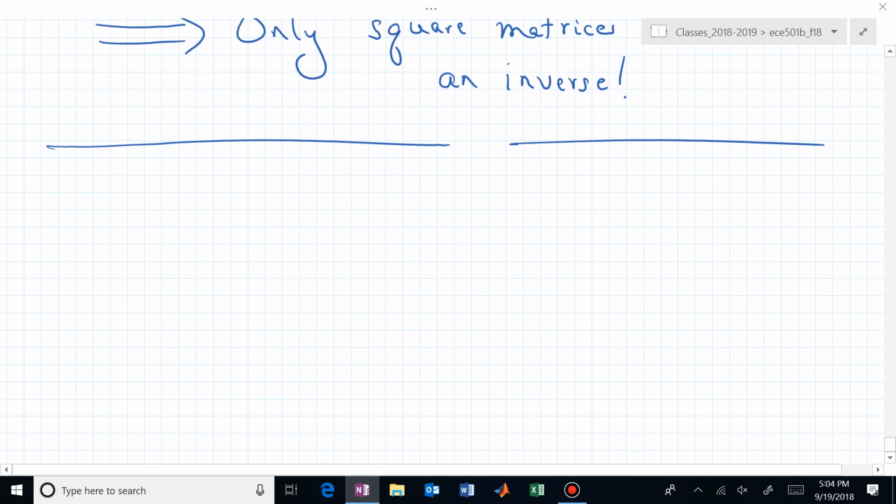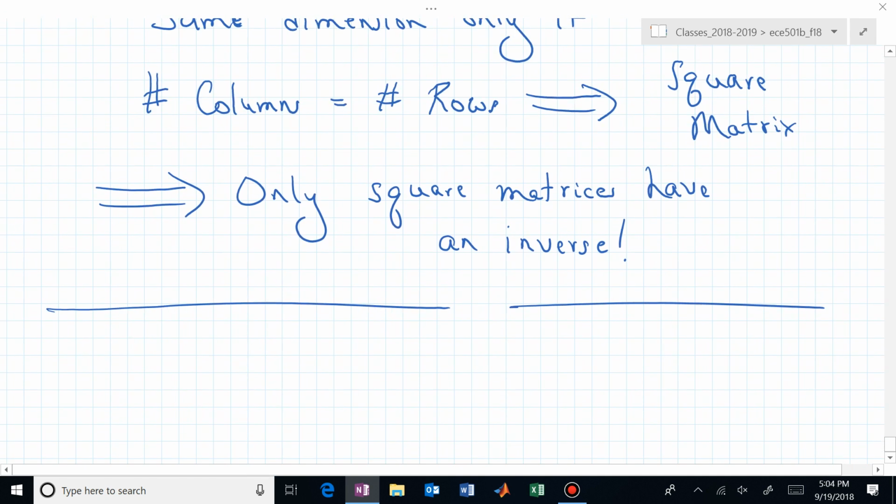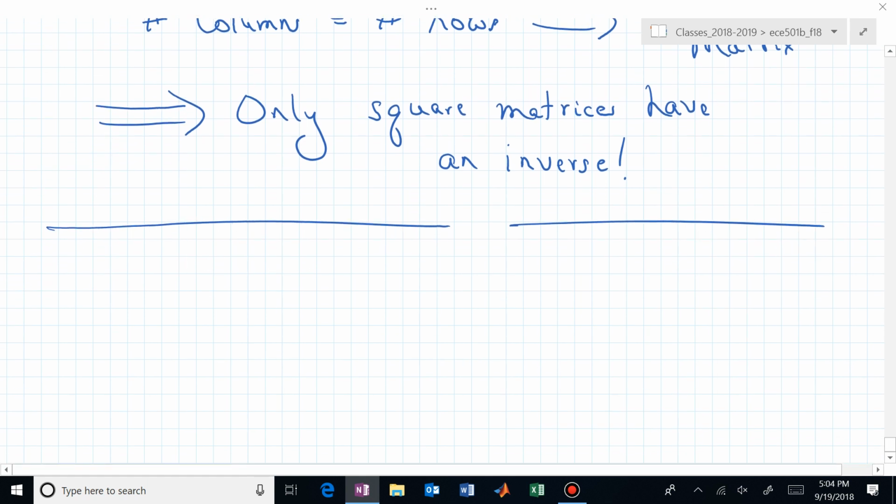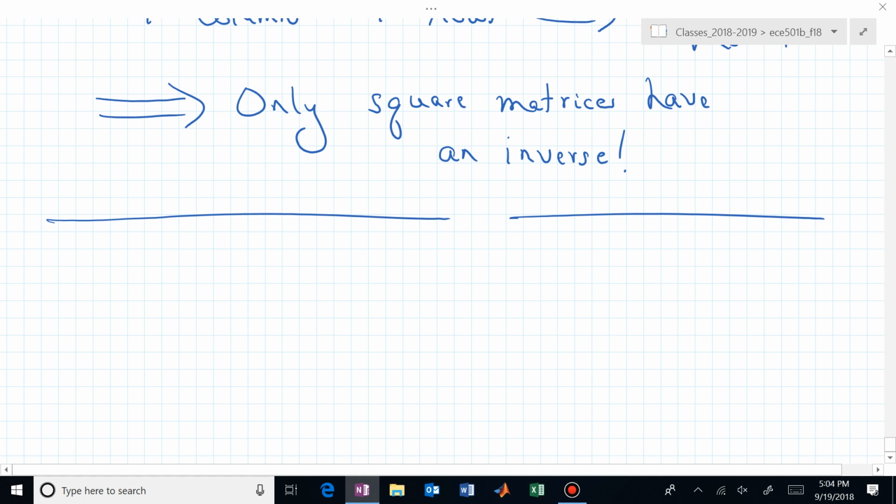That sentence that you just wrote, when you say only square matrices have an inverse, are you referring to the invertibility of the matrix? Yes, so now this sentence is referring to the matrix representations. So now only square matrices have an inverse. Is that clear? That's only referring to the matrix representations.